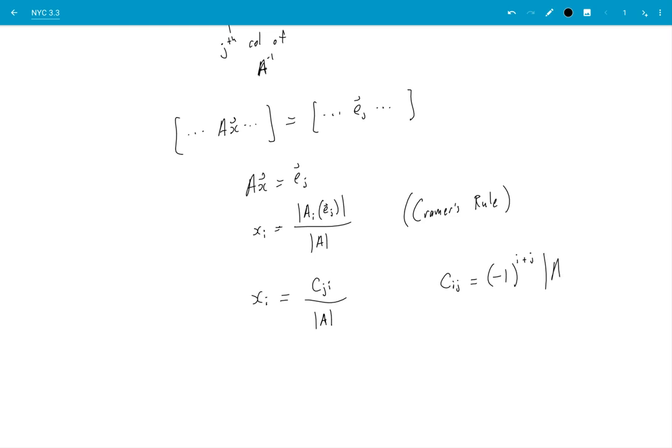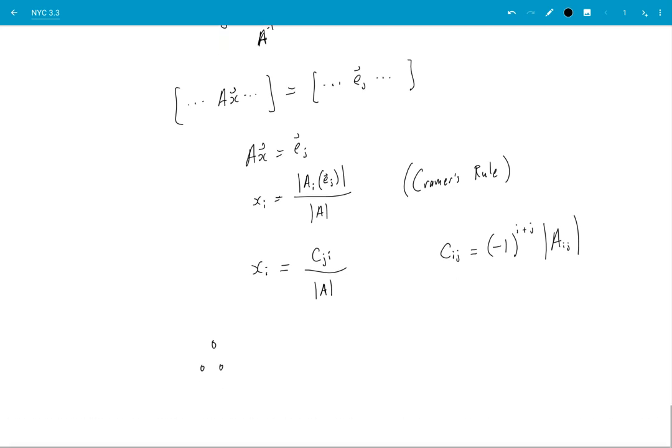So what was this going to say? The IJ minor. So you don't get CIJ appearing here. You get CJI, which is why we end up with the transpose in our final formula.